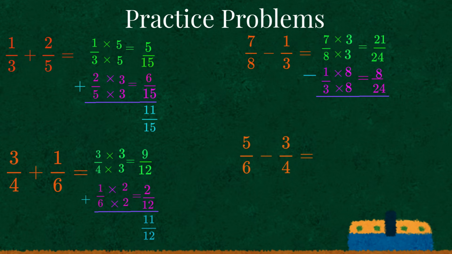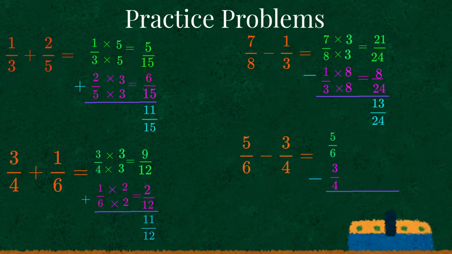Remember, this is a subtraction problem. So 21 minus 8 equals 13. We keep the same denominator, which is 24. So the answer is 13/24. For my last subtraction problem, we have 5/6 minus 3/4.